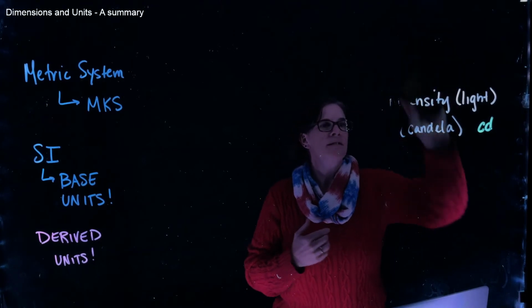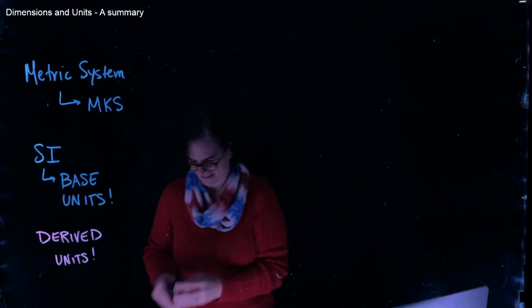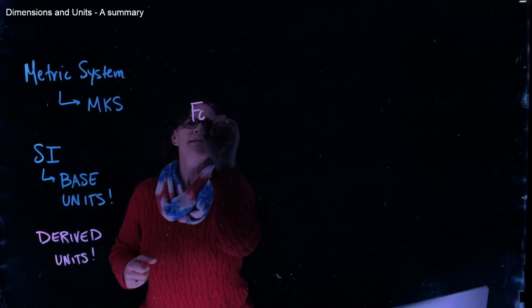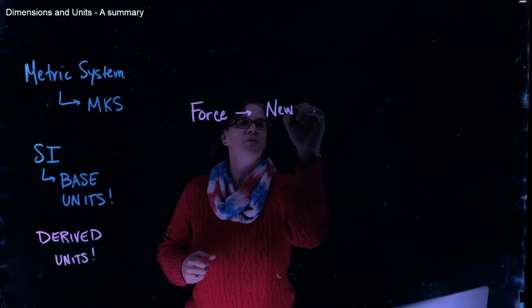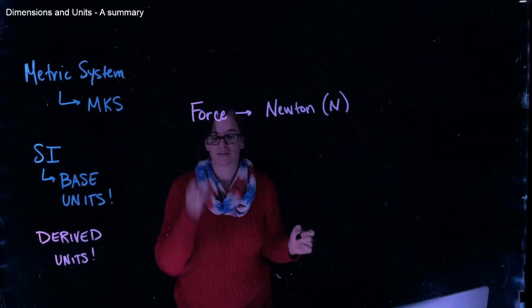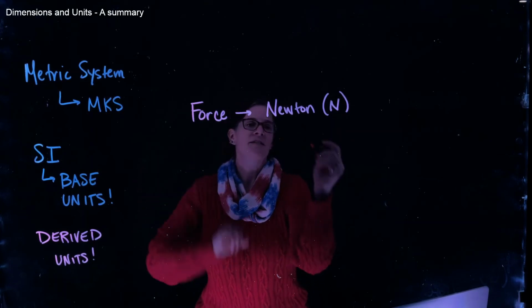A force has a unit in the metric system of a Newton. So a force has a unit of a Newton. And we use the capital letter N for that abbreviation. A Newton is derived from our base units.